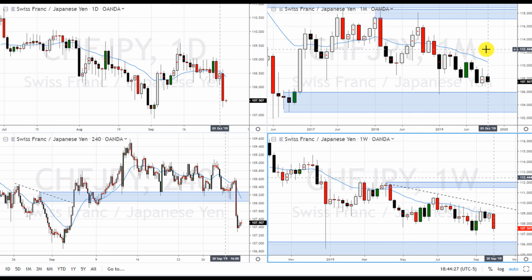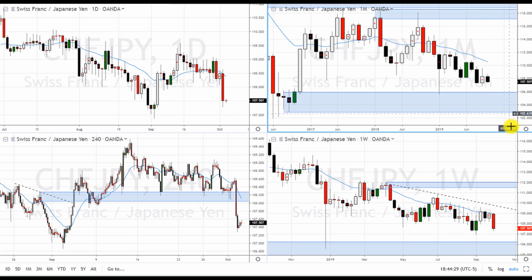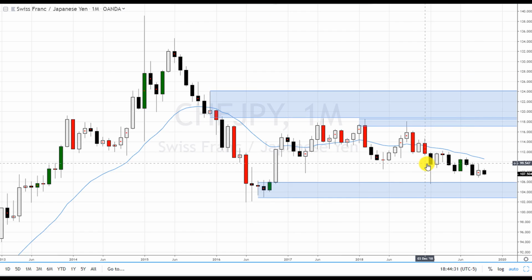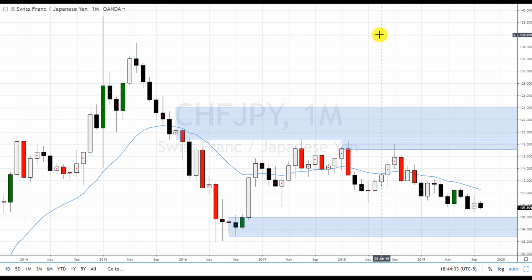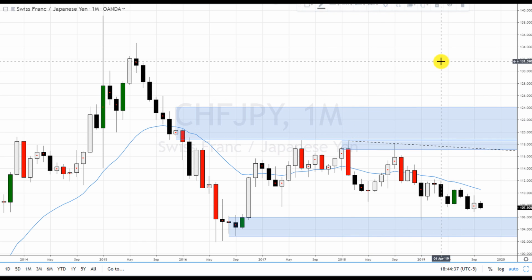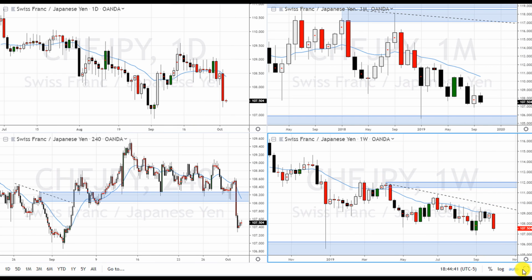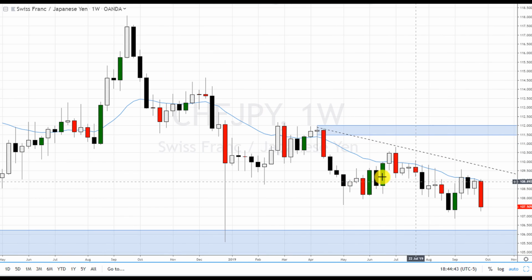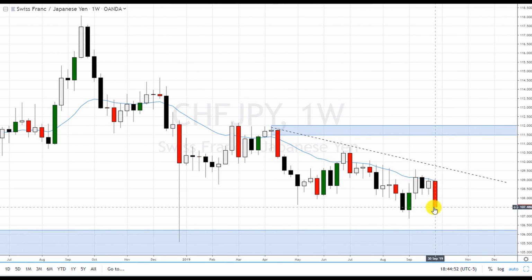On the weekly, and also the monthly here, it has somewhat of a trend line that you can draw between these two peaks. So it is in a clear downtrend on the weekly, with the latest bearish impulse engulfing candle, really strong selling pressure.